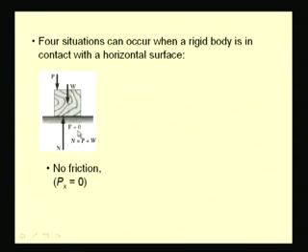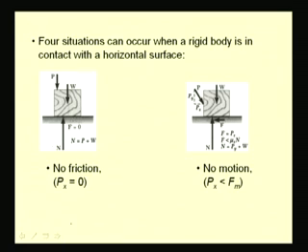We have initially no horizontal component of the force, leading to no tendency of this body to move, and so there is no friction. Let us say now we have a horizontal component of the force, Px, which is smaller than the limiting value, mu s times n. So, the frictional force F developed is equal and opposite to this force Px.